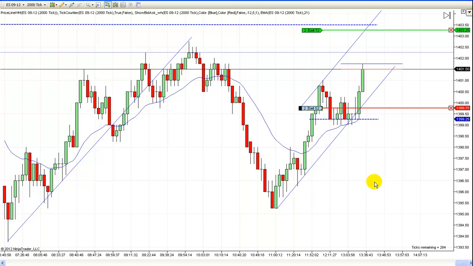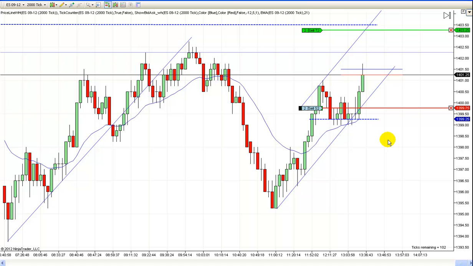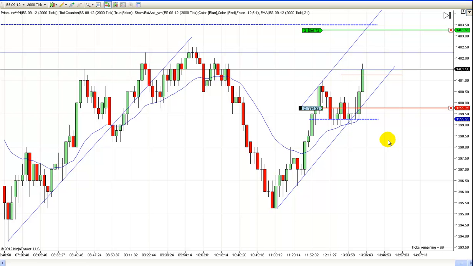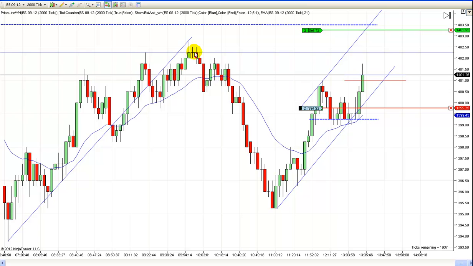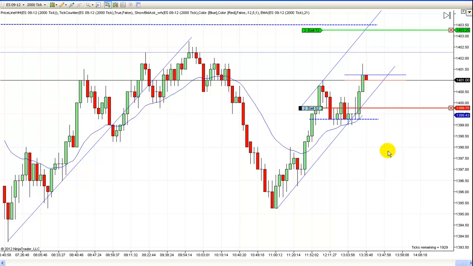So this thing is really moving along here. But if we stall right here, I may go ahead and drop my limit order down or move my stop up and just exit this trade. I really expected resistance there, because that's the highest we've closed so far. Just to be on the safe side, I'm going to tighten my stop.